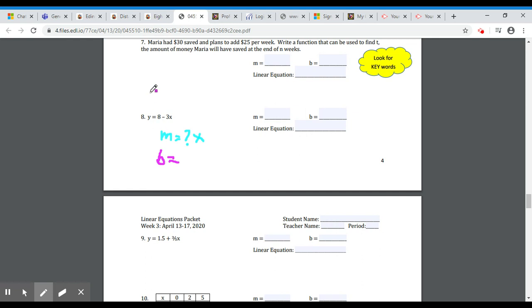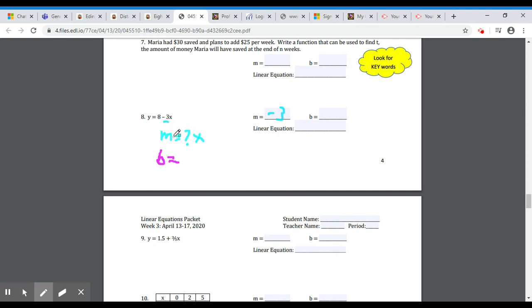So if I look at this right here, where it is attached to the variable, my 3. Now, it's not just any 3, it's minus 3. So that means that this is a negative slope. So my m is negative 3.